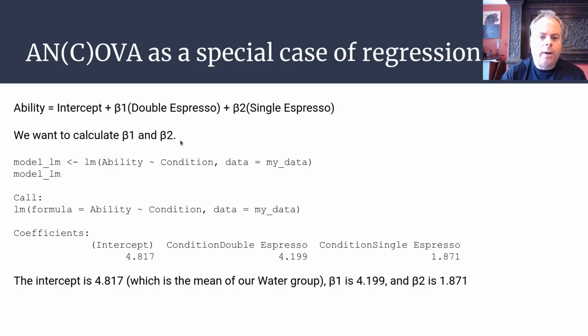So what we need to do is figure out what these different coefficients are. And we do that by building a linear model in exactly the same way that we built a linear model when we first looked at regression.